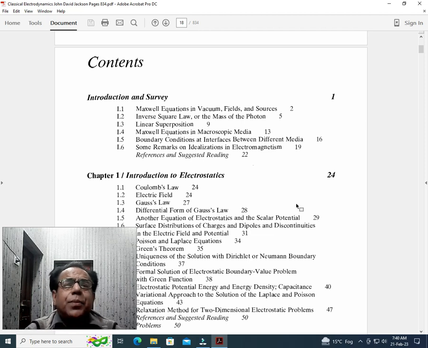Anyhow, these 2 books, by David Griffiths and Jackson, both are very important and of primary nature. Now we come towards its contents.